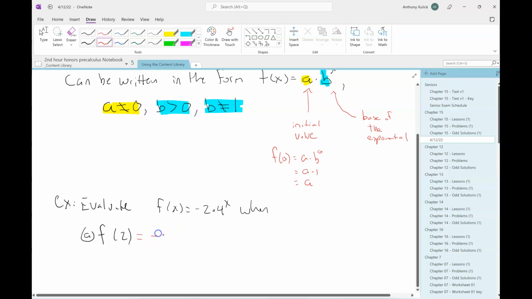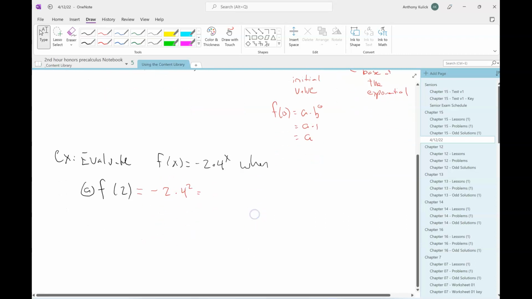Plug 2 in for x. Come on, people. I know it's early, but... So I have negative 2 times 4 squared. Order of operations says, what should I do first? Square the 4. So I get negative 32. Everybody cool?